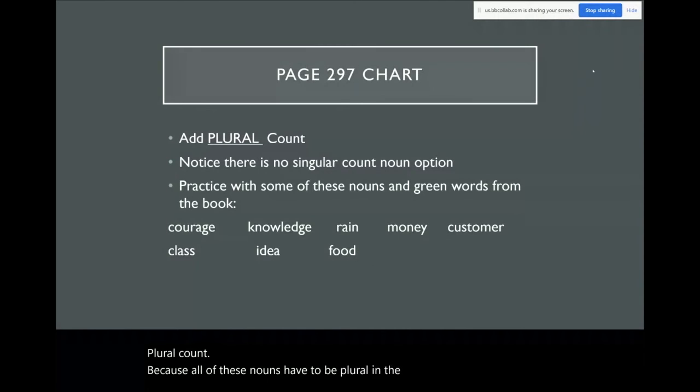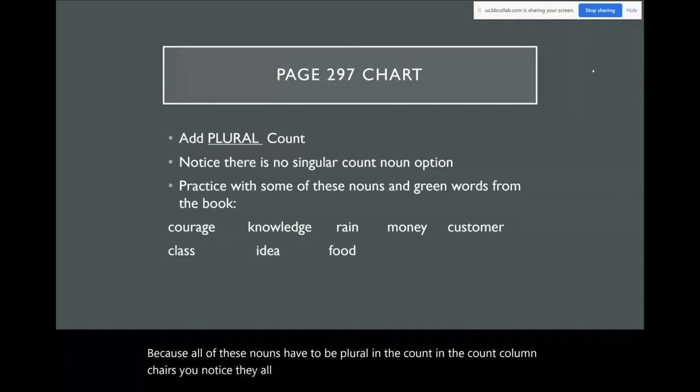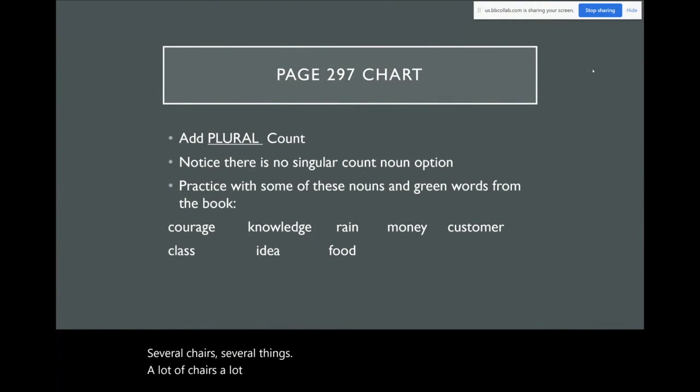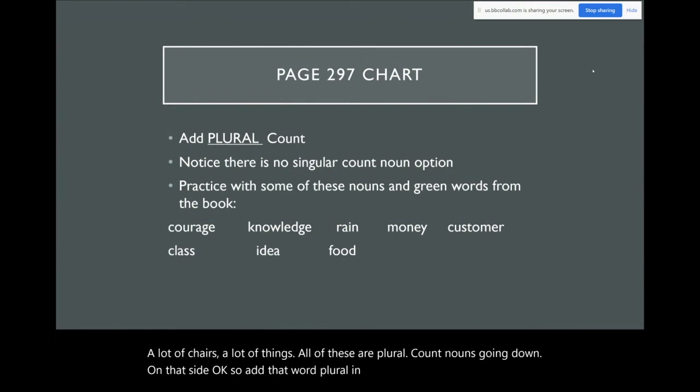Plural count. All of these nouns have to be in the count column. Chairs. You notice they all have an S. Chairs. Several chairs. Things. A lot of chairs. A lot of things. All of these are plural count nouns going down on that side. Okay, so add that word plural in there.